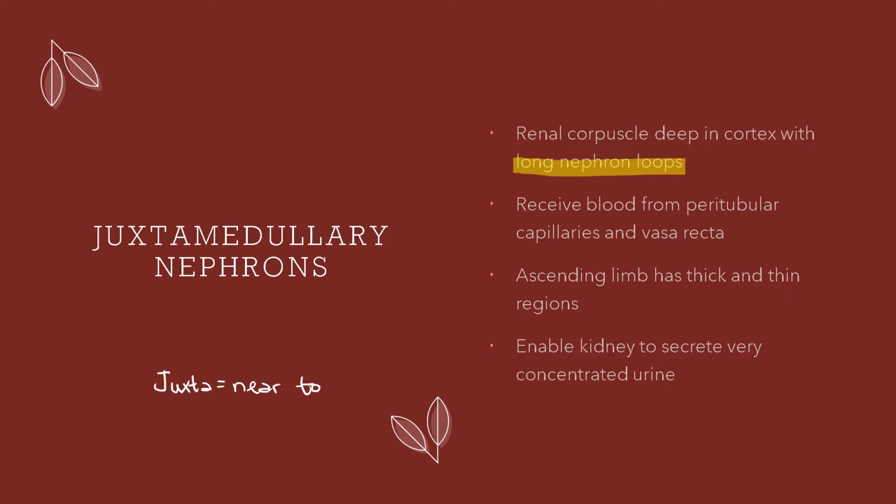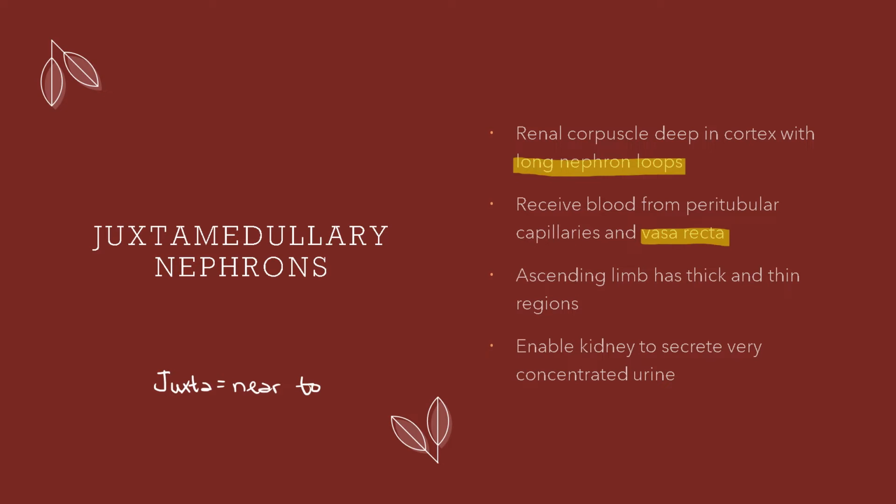Their long nephron loops will extend into the deepest region of the medulla. The long nephron loops will receive their blood supply from peritubular capillaries and also from the vasa recta, and these again are going to come from the efferent arterioles.